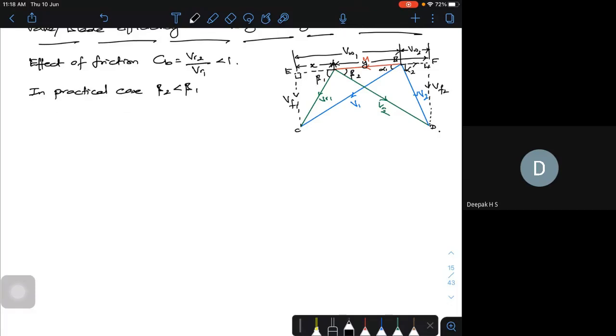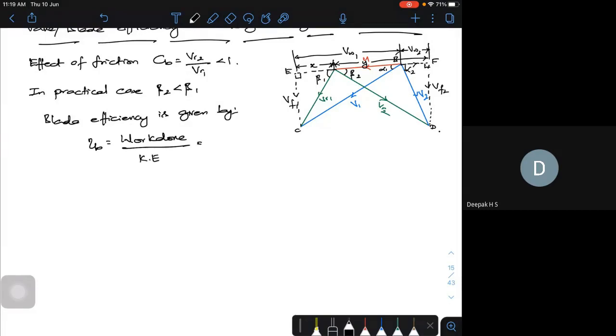Now, what is your blade efficiency? The blade efficiency is given by the expression you defined yesterday. It is the work done divided by the inlet kinetic energy available at the inlet.